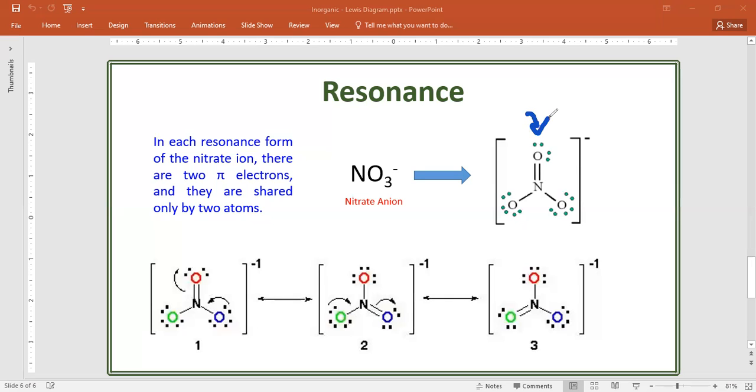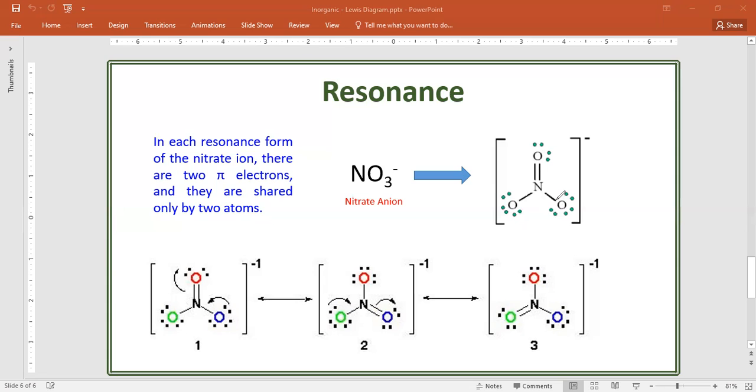If you check here, 4 valence electrons are visible on the oxygen, and 2 bonds are visible here, and each bond represents 2 electrons. So that is 2 plus 2, 4, and 4 plus 4, it is 8. So again, the octet rule is satisfied between this oxygen and the nitrogen.